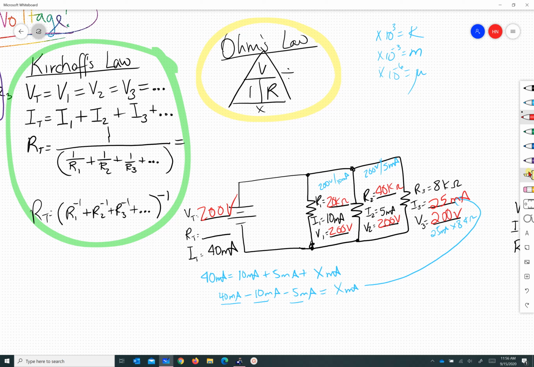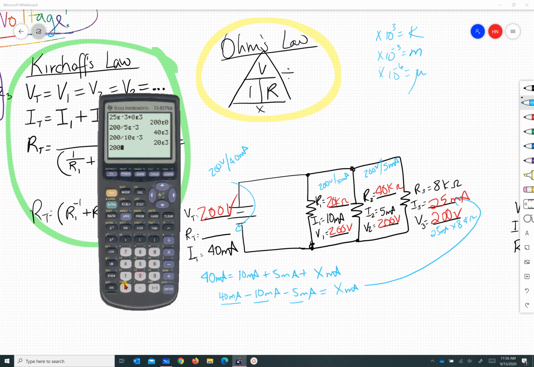And the last one, to figure out the resistance, is going to be 200 volts divided by 40 milliamps. Let's plug that in our calculator: 200 divided by 40 milliamps, and we get 5.